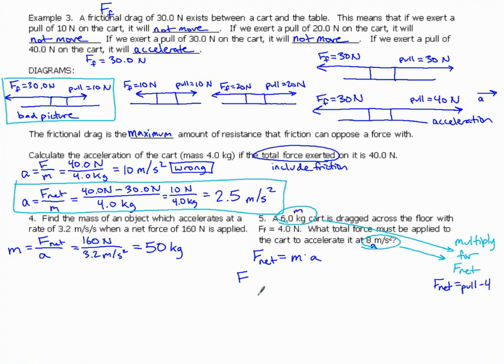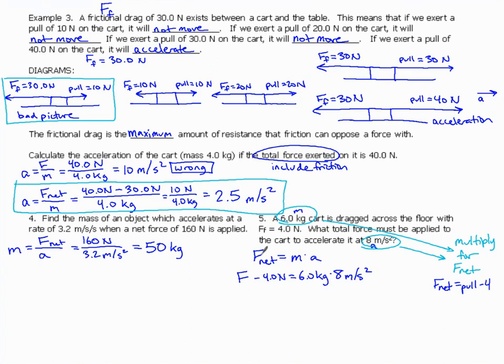So here we're looking for total force, not the same thing as net force. So we know the net force is the force of the pull minus the force of friction. So here is the force, we'll say just F, minus 4.0 newtons equals 6.0 kilograms times 8 meters per second squared.